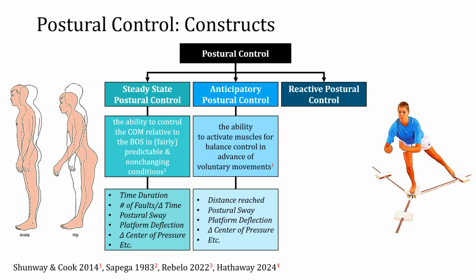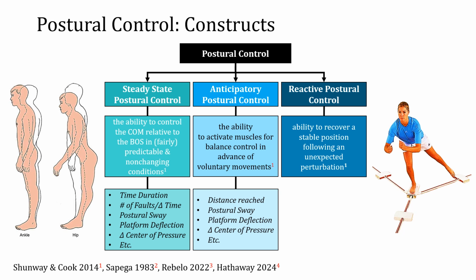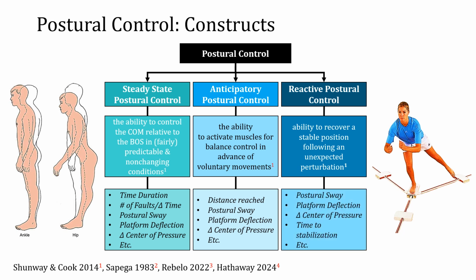Reactive postural control is where there's some perturbation to the individual that is unanticipated. The ability to recover a stable position following an unexpected perturbation. Again, similar to the metrics or outcomes from that of the previous two domains.